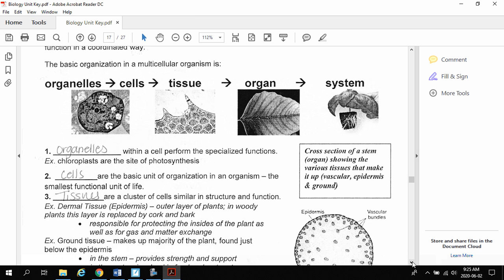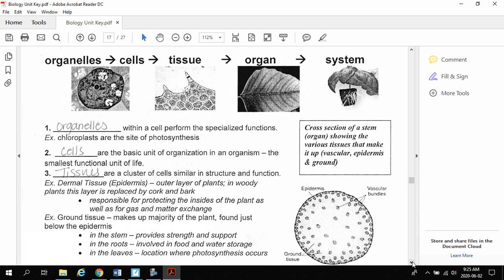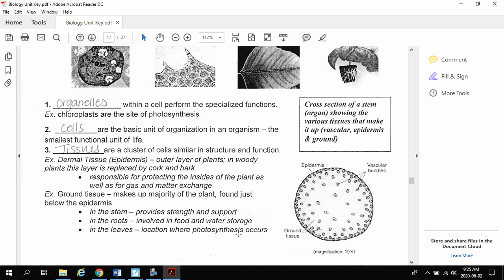If you think about the stem of a tree or the trunk of a tree, the outermost part is bark. So it's responsible for protecting the insides of the plants as well as for gas and matter exchange. But we know that the dermal tissue is different on the leaf and is different on the root system.